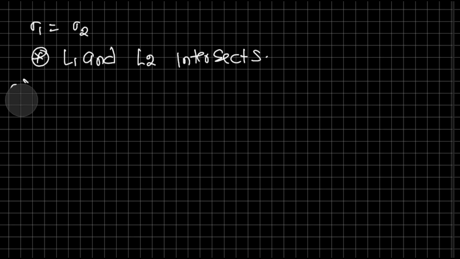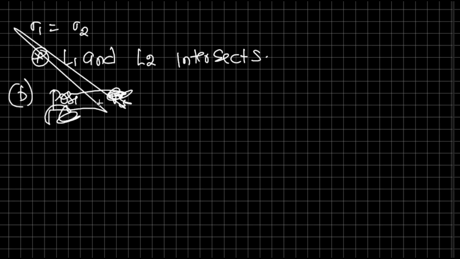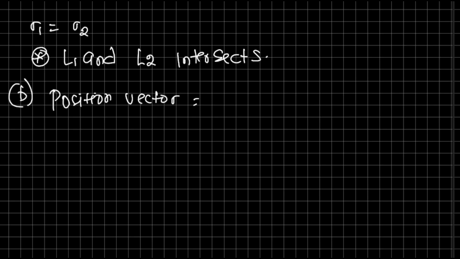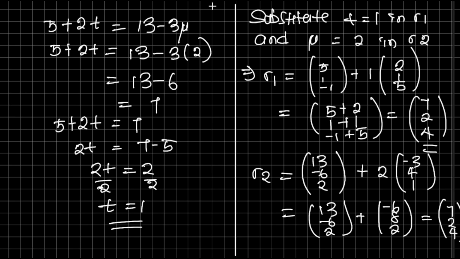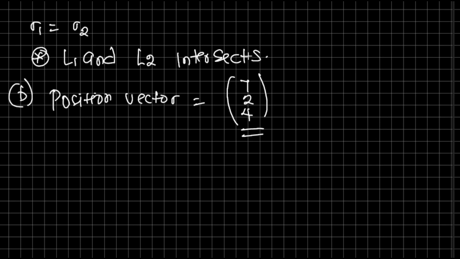So we've answered question B. The position vector is (7, 2, 4), which is what we found when we substituted the two values into the equation. So this is how you work with lines.